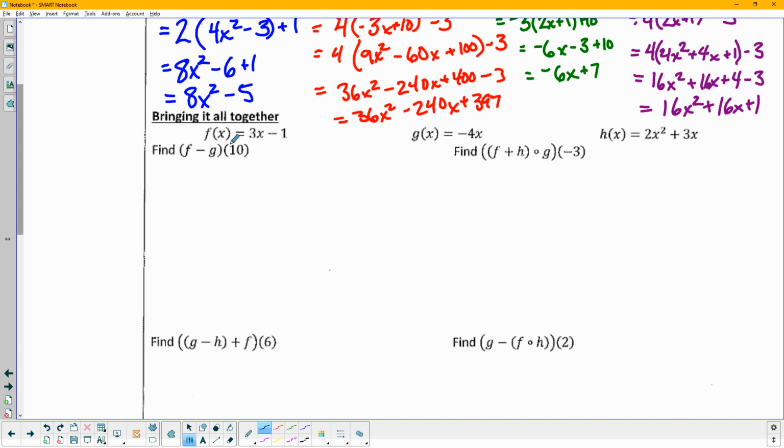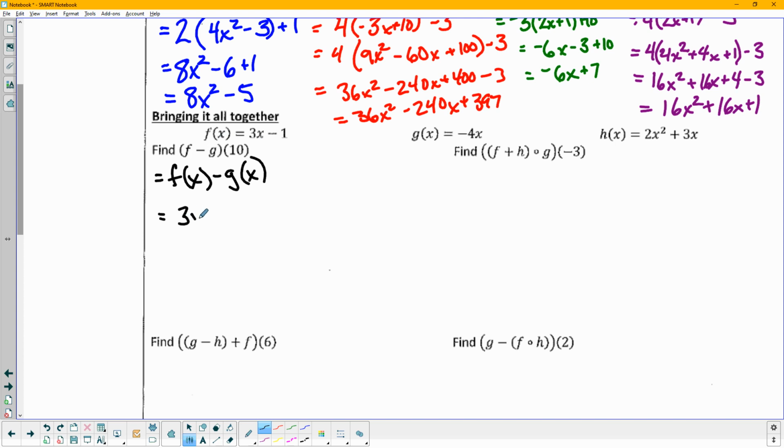So this bringing it all together involves the function operations and the evaluating of functions. So first I'm just going to deal with it in terms of x. I'm going to look at, well, what is f of x minus g of x?